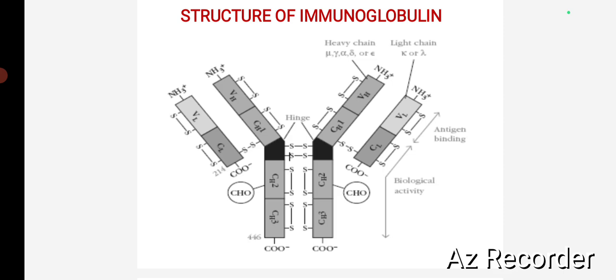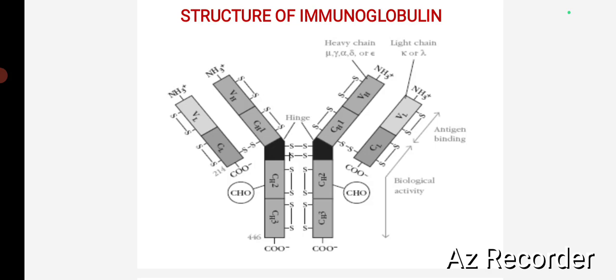In the immunoglobulin structure, there are two heavy chains and two light chains. In the center, the two long chains are called heavy chains, and the outer two are called light chains. In the heavy chain and light chain, the topmost portions are the amino terminal end, and the bottom portions are the carboxy terminal end. Amino terminal means NH3, and the bottom portion carboxy terminal means COO minus groups.